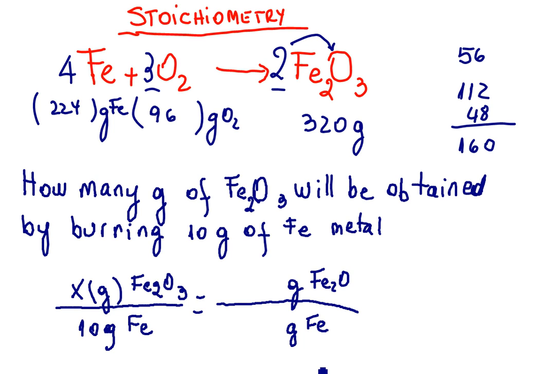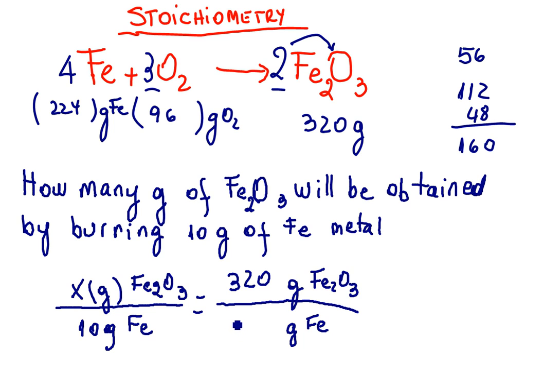Once we have that, what we are going to do is to use the numbers that we obtain here in the reaction, because those are going to be the ones that give us the ratios. Do you understand what I'm doing? So grams of iron oxide, I forgot a 3 here, are 320. Do you follow me?